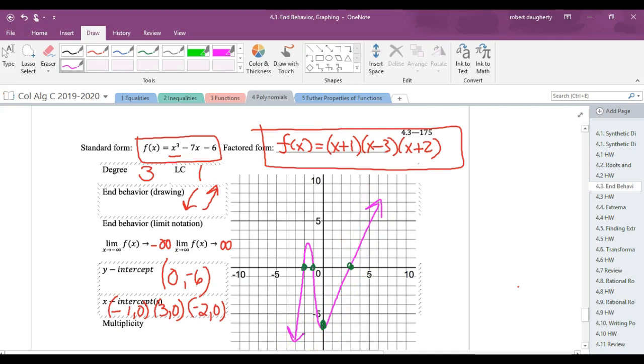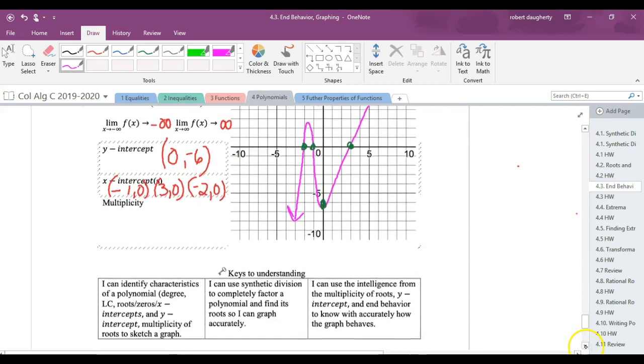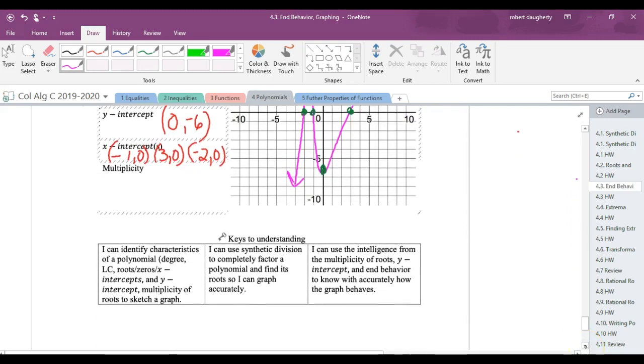Okay? Feedback on this, guys. It's a lot of stuff that has to pull together. So we were sort of going a little bit slow. We were doing different lessons: degree, leading coefficient, synthetic division, factoring. All those things come together today when we start to graph this. So here are your procedures. You need to be able to find the degree of a polynomial. You need to find the leading coefficient.